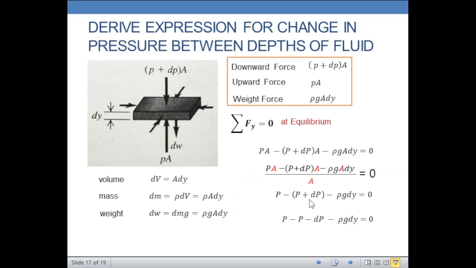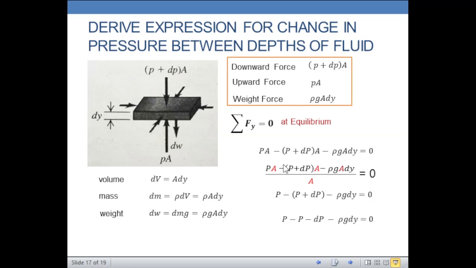Next, since the fluid is at rest, meaning the net force is equal to zero, they are at a state of equilibrium. So we are going to look at the three different forces here and equate that with zero. PA, the upward force, minus the downward force, this one, minus the weight force.